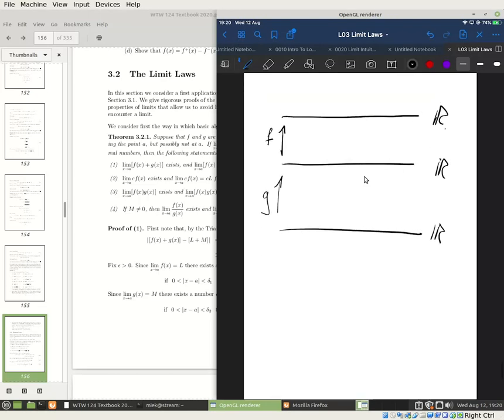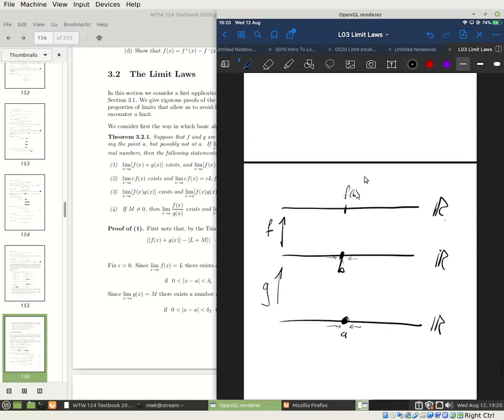So here we've got an a, and here we've got the value of the limit of that, which is b, because the limit as x tends to a of g of x is assumed to be equal to b, and f is assumed to be continuous at b, meaning that the limit as x tends to b of f of x is equal to f of b. That is because f is continuous at b.